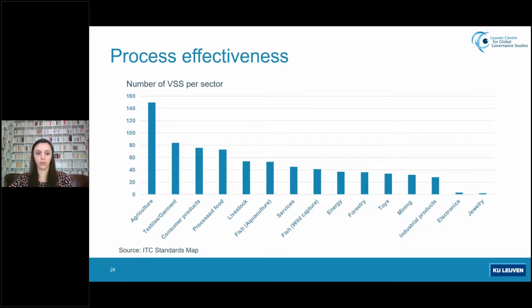But those categories are not very clearly defined, and it can also be noted that some VSS are active in different sectors at the same time. But you see that in general, the agri-food sector and the garment sector count the highest number of VSS. Whereas sectors such as electronics and jewelry at the very end of the graph have only a few VSS.